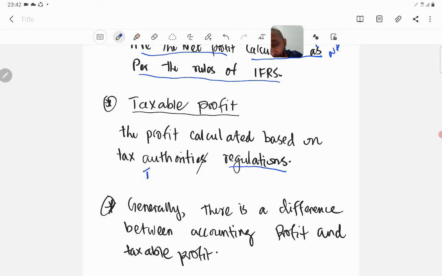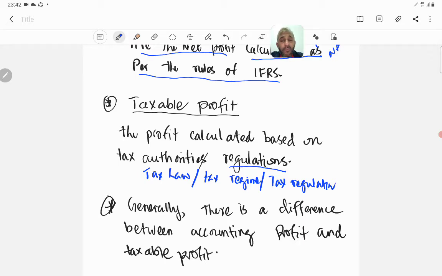I would call them tax law, tax regime, tax regulation. So according to their tax regulation, we have to calculate the tax amount for the year against our taxable profit.